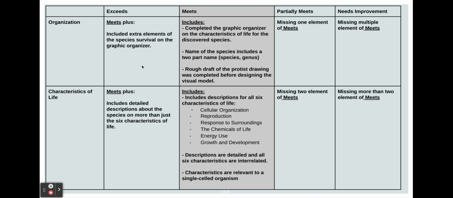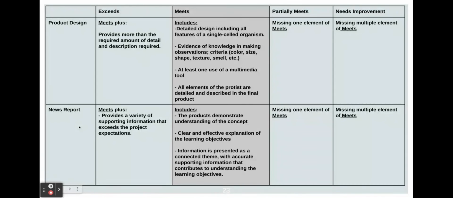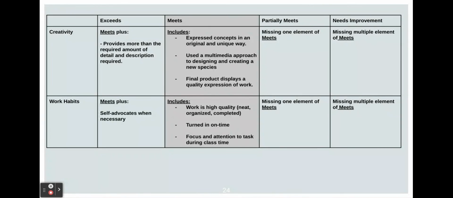I think this is a great way to provide enrichment for students who have met and want to further develop their activity. And then partial and needs is missing one or multiple aspects of the meets criteria. So here I have organization, characteristics of life, product design, news report, creativity, and work habits.